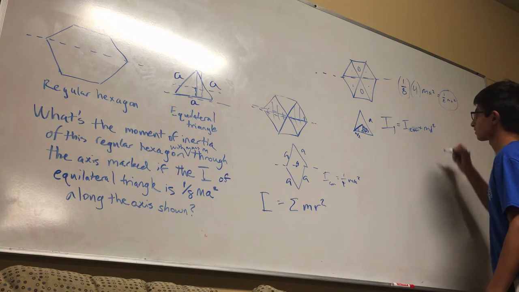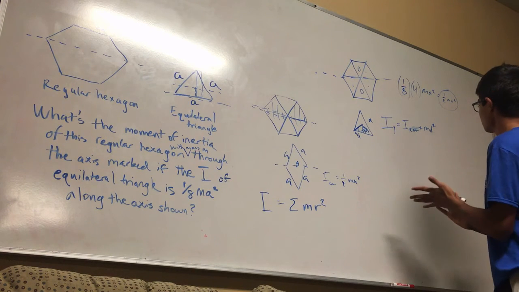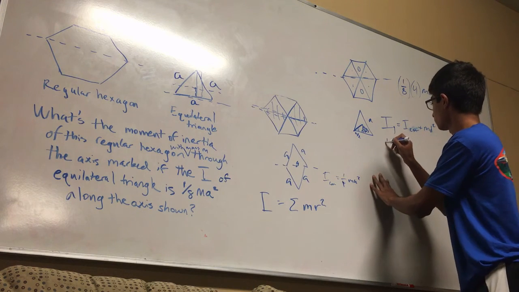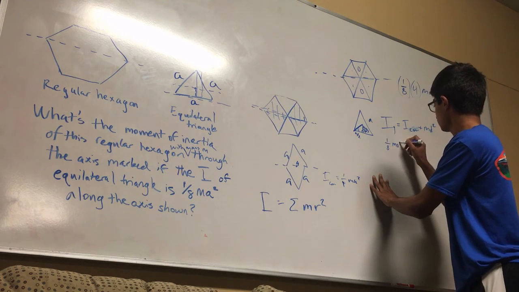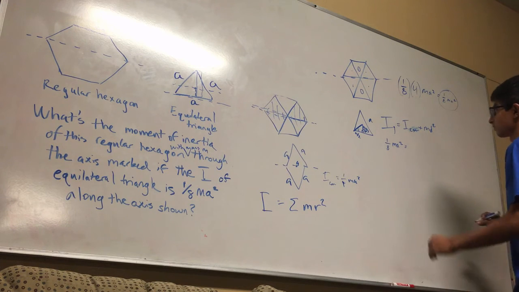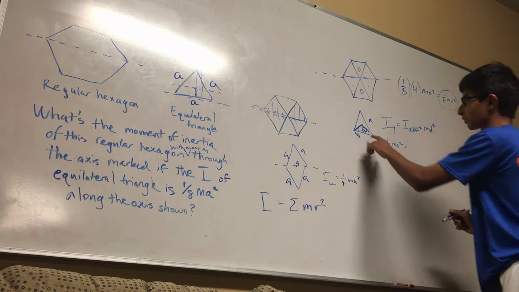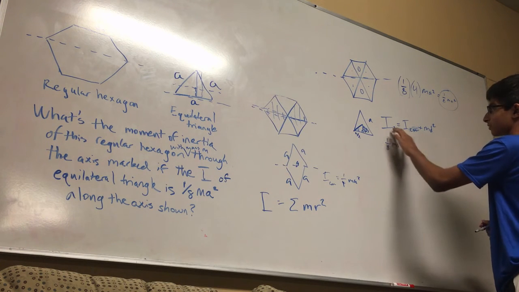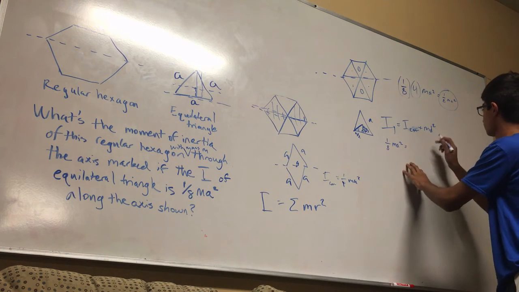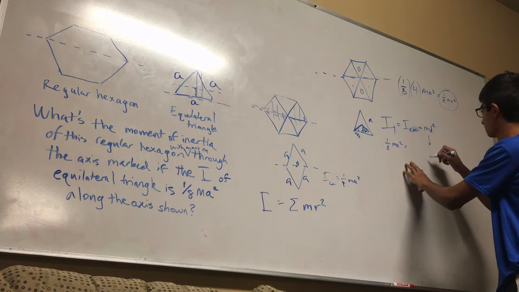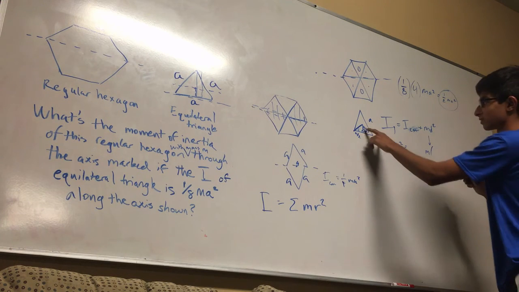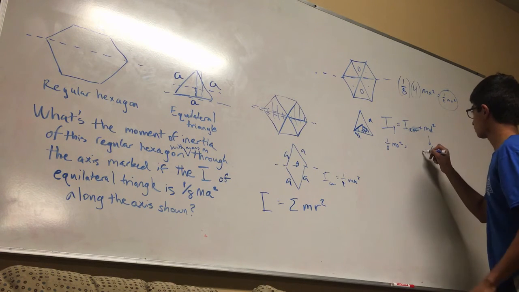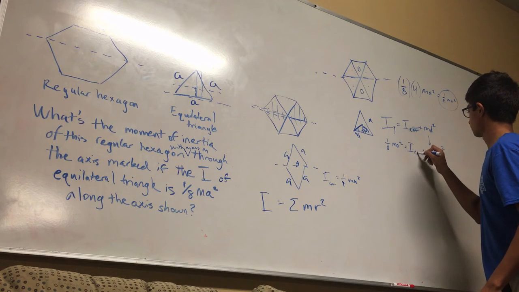We see that our given is 1/8 ma squared, and we have md squared, because that's the distance from the center to the given axis. So m is still the same, and d squared is the quantity a over 2 root 3 whole squared. And then our unknown is this.